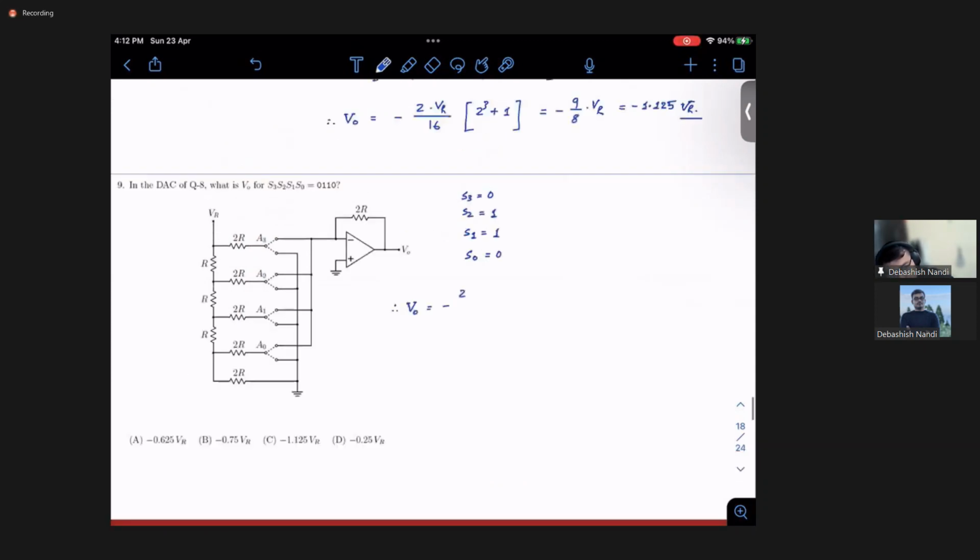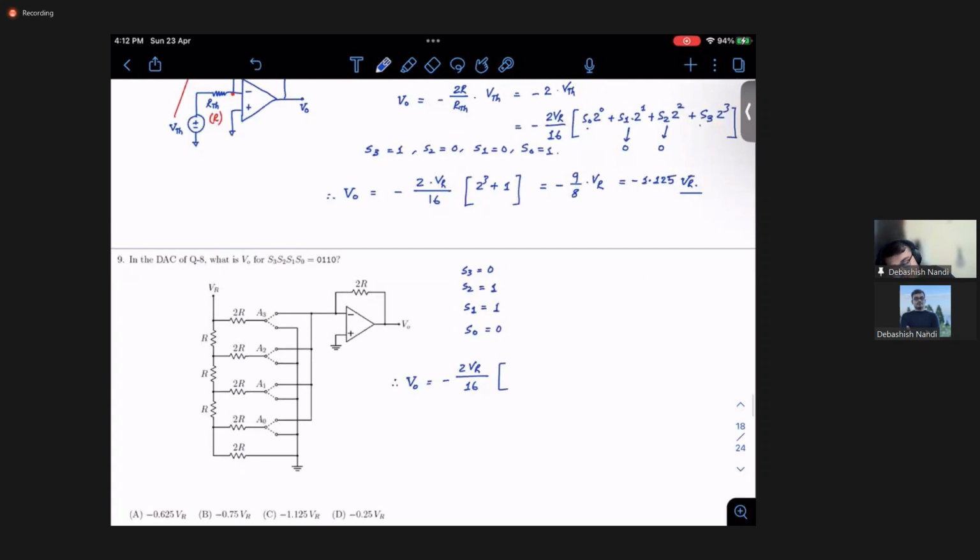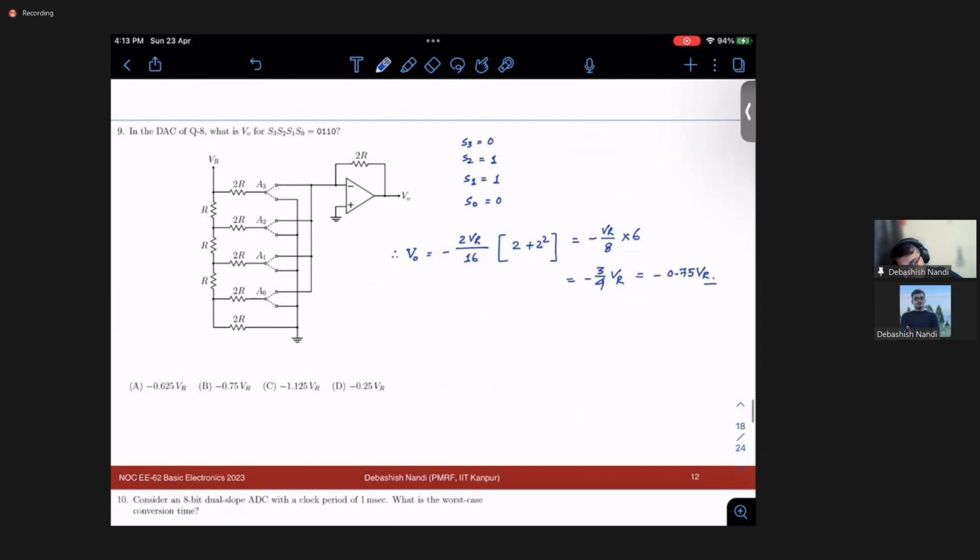Minus 2 VR by 16 into, in this case, we will have only this term and this term, right? So we will have 2 plus 2 squared. So that is minus VR by 8 into your 4 plus 2, 6. Okay, minus 3 by 4 VR, or that would be minus 0.75 VR. Okay, so your answer would be B.